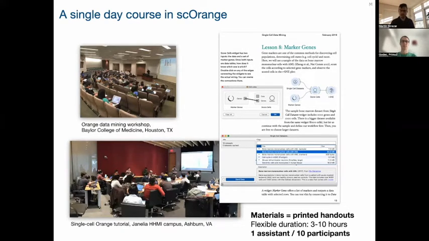And we continue to deliver these courses regularly and hopefully bring data science and machine learning in general closer to the scientific and non-scientific communities.